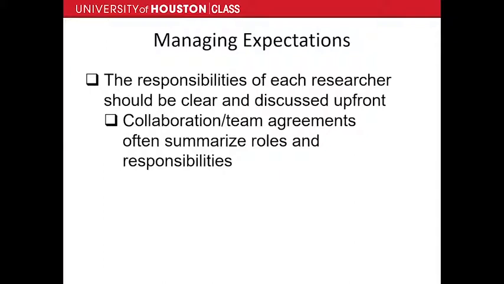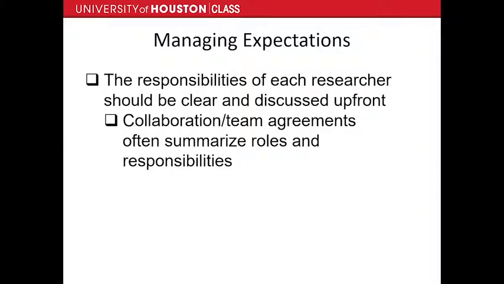What you can do is determine the strengths of each researcher and create an action plan based around that. Again, you should have a written contract developed by collaborators, detailing all of the roles and responsibilities that will be included in the research proposal if funded.